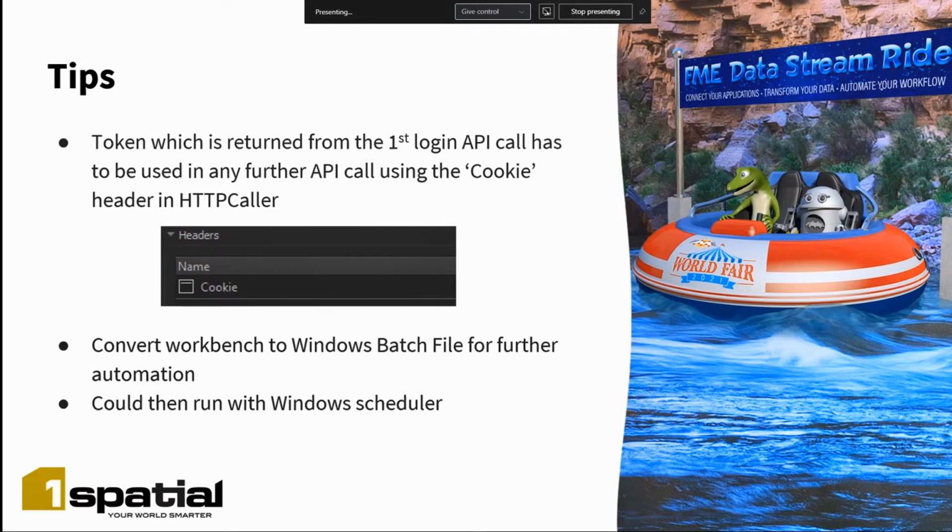So previously I was logging into FME Desktop each day and clicking run. However, you can actually convert it to a Windows batch file, and each time you log in, it will start the process off, or you can set it at a set time, for example, at 7 AM each day, and it'll run the workbench for you as soon as you log in.